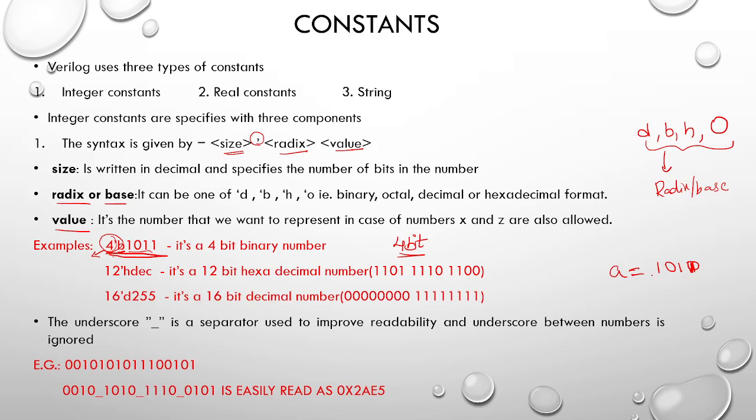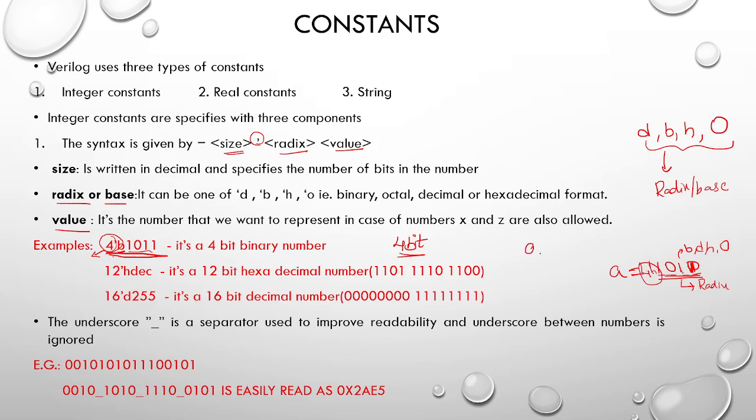Firstly I should tell the radix of this number, that means in which format it is, binary, decimal, hexadecimal or octal. And then what is the size of it? Here it is a 4-bit size. If the value is not 4-bit but I take the size as 4, then it will throw an error.